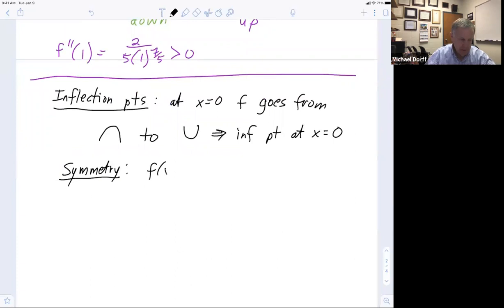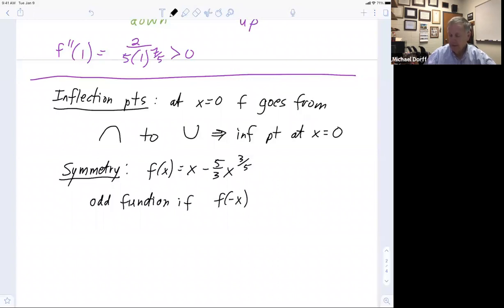My original function again was x minus 5/3 x to the 3/5. It's an odd function. If I put in negative x for x in f, I'm going to get negative x minus 5/3 times negative x to the 3/5.